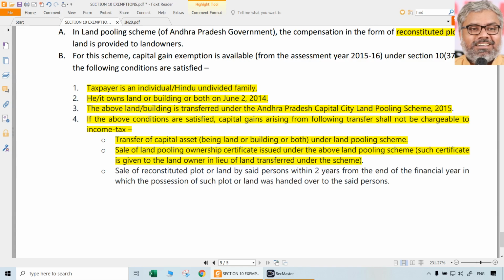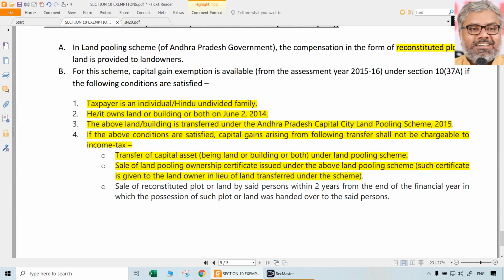If these certificates are transferred, that means sold, that amount is also exempt. A lot of farmers sold the land pooling certificates at huge amounts. Huge amounts they received, that is the reality. And all that income was exempt. For that they were happy, because a lot of money was received and nothing is taxable.